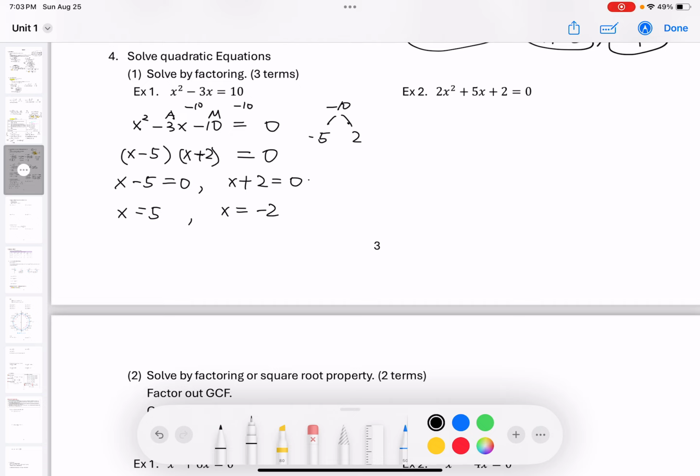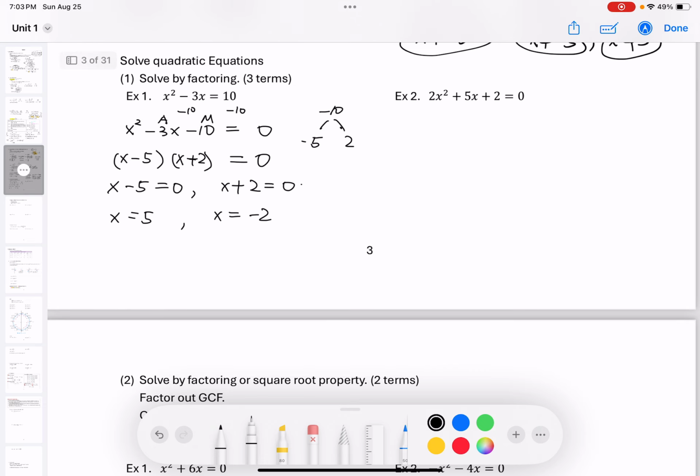Okay, let's see the next example. We need to factor the trinomial and then set each factor equal to 0. So this one, you can use the AC method because the leading coefficient is not 1, it is 2. You can also use the crisscross method.